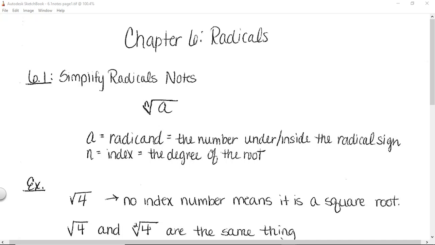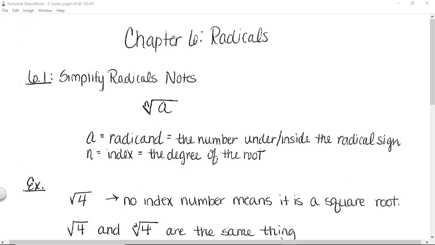In chapter 4, we actually worked with radicals to get ready to do the quadratic formula because it has a radical in it. And so we actually simplified radicals in chapter 4, which is what we're going to do today. So this part is review, but we will go on from there and be doing a lot more with radicals.